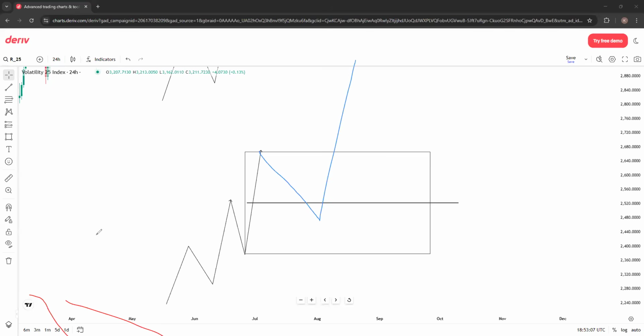But now the trick is here. When you have an incomplete pullback or an incomplete correction, what price tends to leave at these areas are gaps. And this is where price tends to come back in the future and utilize these areas as gaps.